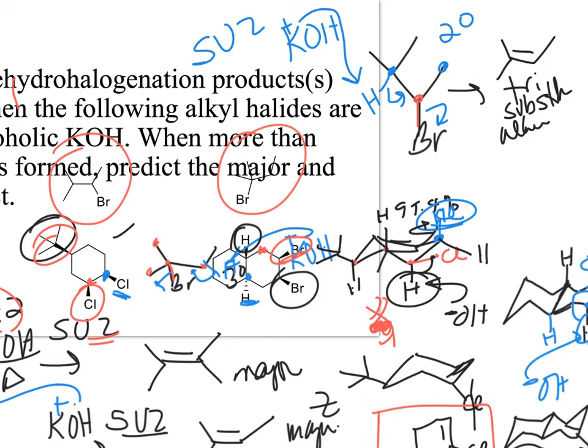We're looking at the next product here. See, there's your carbon, and it's a secondary alkyl halide. So you look at your neighbors right here and here, and you're going to deprotonate this carbon. So KOH will deprotonate that, and the bromine will leave, and your product then would be this tri-substituted.